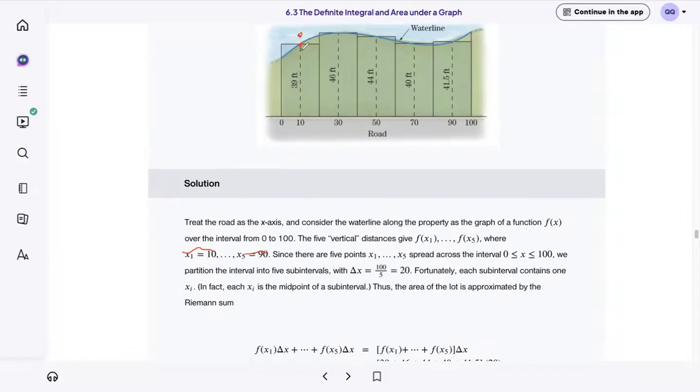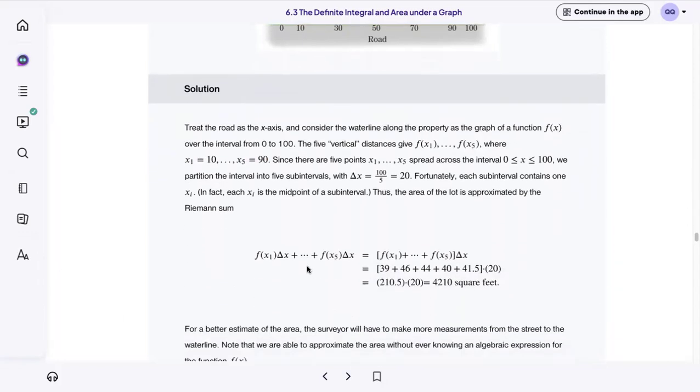F of 30, f of 50, f of 70, f of 90. Right? Then use 20 multiplied by this, 20 multiply, 20 multiply. So we get an approximation. That's called a Riemann sum.